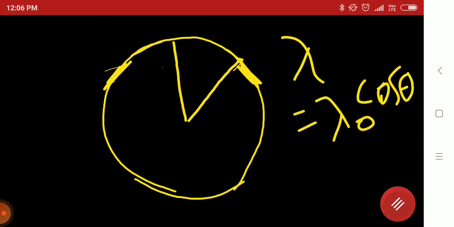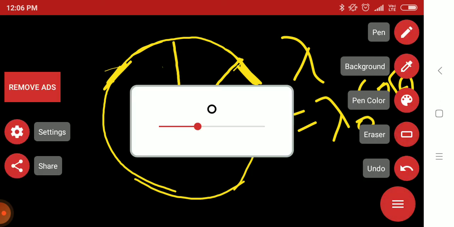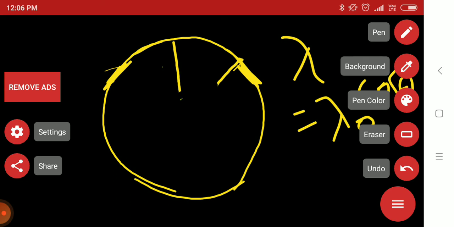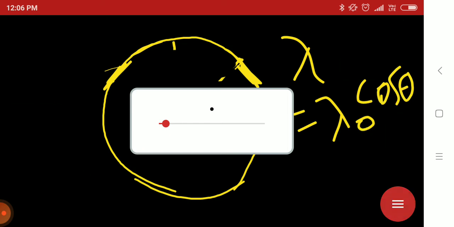Now, first of all, we will draw that small element due to dq.